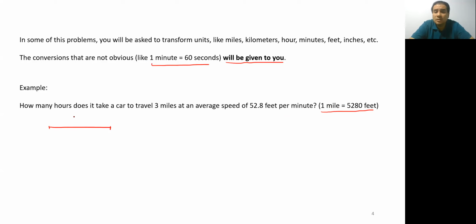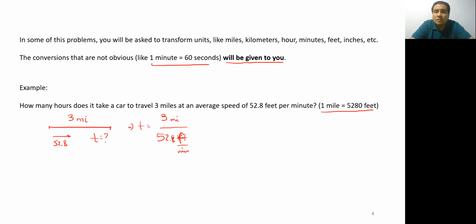We know here the distance is 3 miles and the speed is 52.8. So the time we don't know, but the time is basically the distance divided by the speed, 52.8 feet per minute.